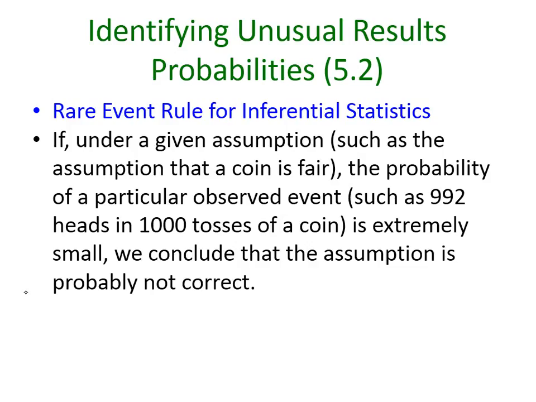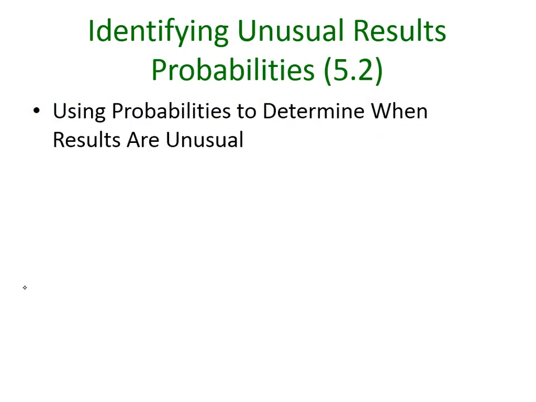If I'm flipping a coin and I get 992 out of the 1,000 flips is going to be a heads, I'm questioning whether or not that coin is rigged. It sounds like a weighted coin to me because the probability of that happening is extremely small. And so that's in that rare event rule. That would be something I would anticipate that the assumption that it was a fair coin would be a false assumption.